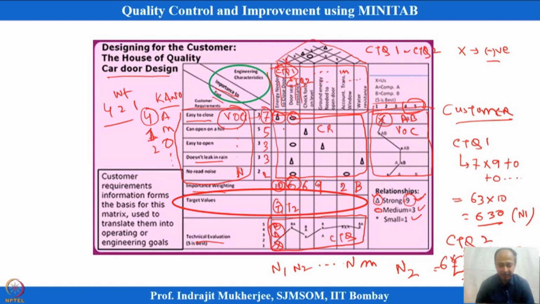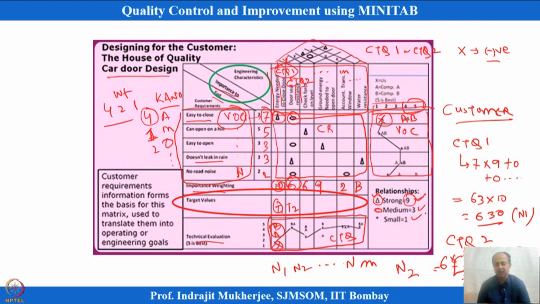That is also possible, but all these numbers are somewhat arbitrary, because 9, 3, I can change these numbers over here. I can make it 6, 3, 1 like that. It depends on the company what marks they give, and that can totally dictate the scores, but more or less the analysis will reflect the same thing, because if there is a strong relationship, only the numbers will somewhat change, and they will change for every location.